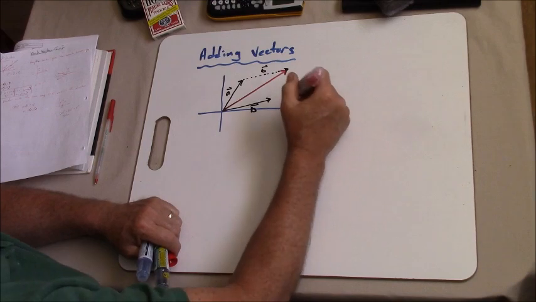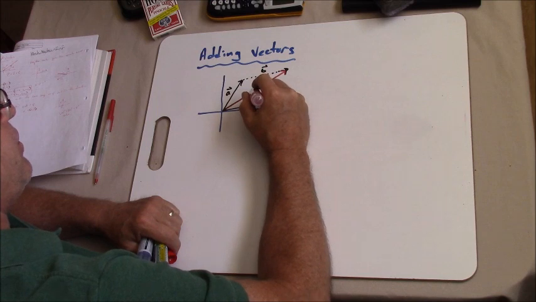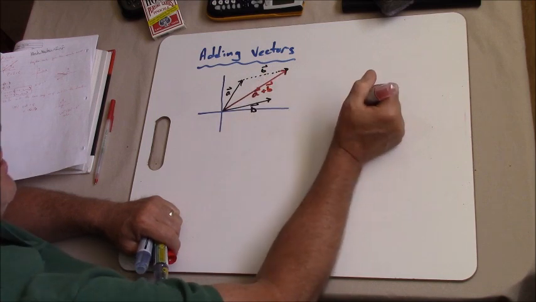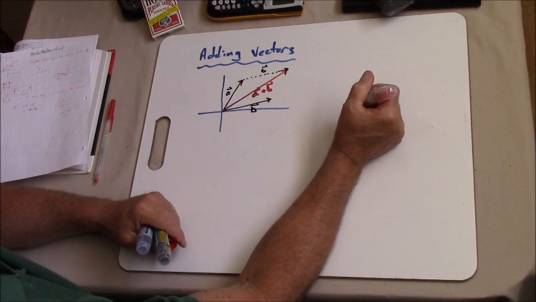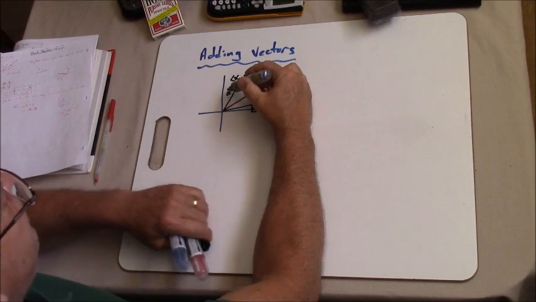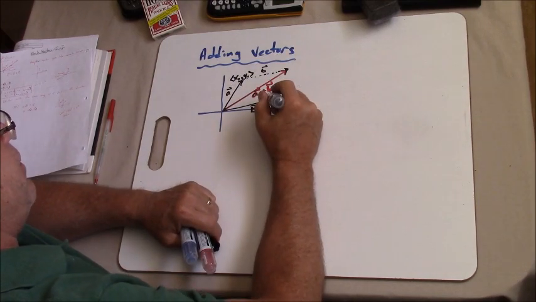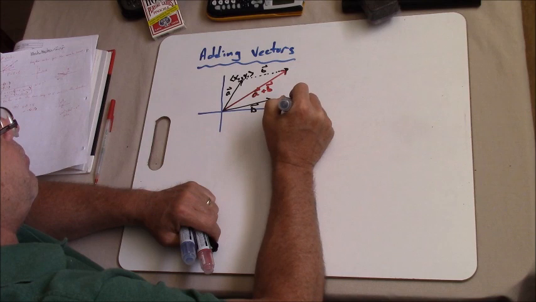All right, so what we want to do is say that this red vector is vector A plus vector B. So let's say that vector A is x1 comma y1, and vector B is x2 comma y2.